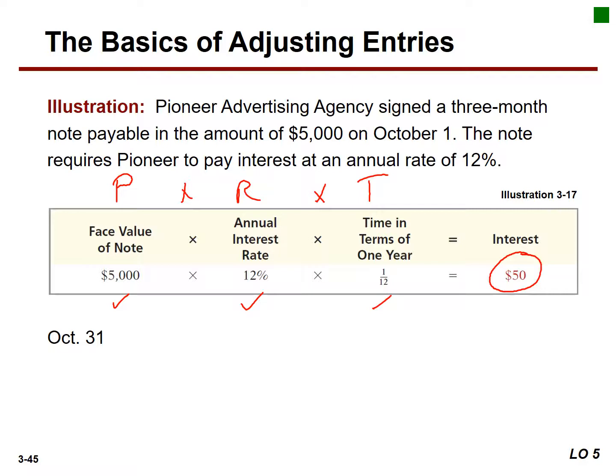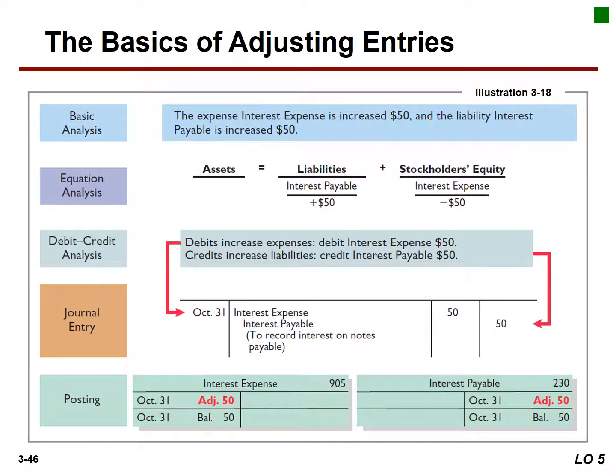So Pioneer Advertising Agency has incurred this cost. They are not going to pay this interest until this note matures at the end of this 3-month period. So the adjusting journal entry that Pioneer will record would have us debiting our interest expense and crediting a liability account called interest payable. Here is the analysis.